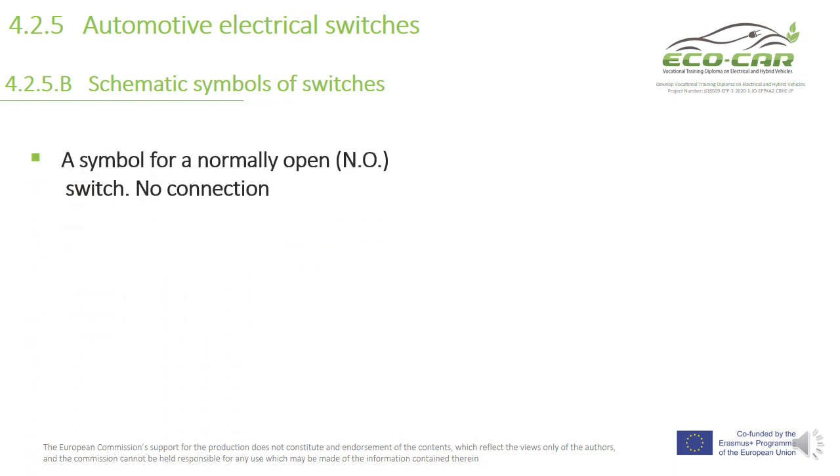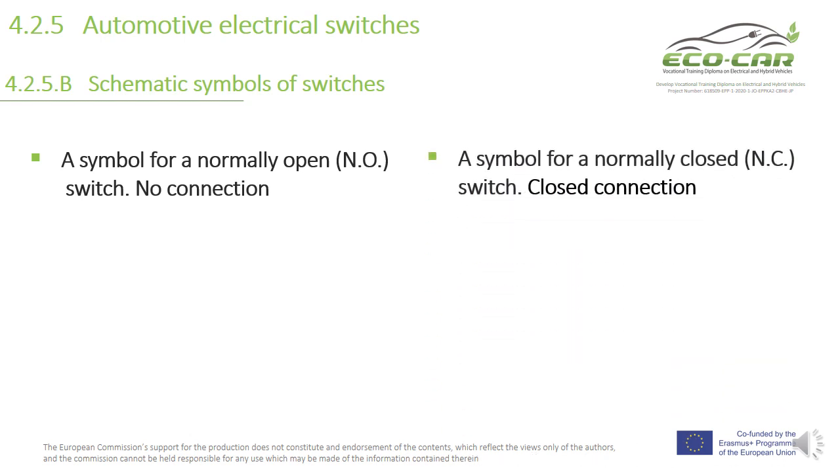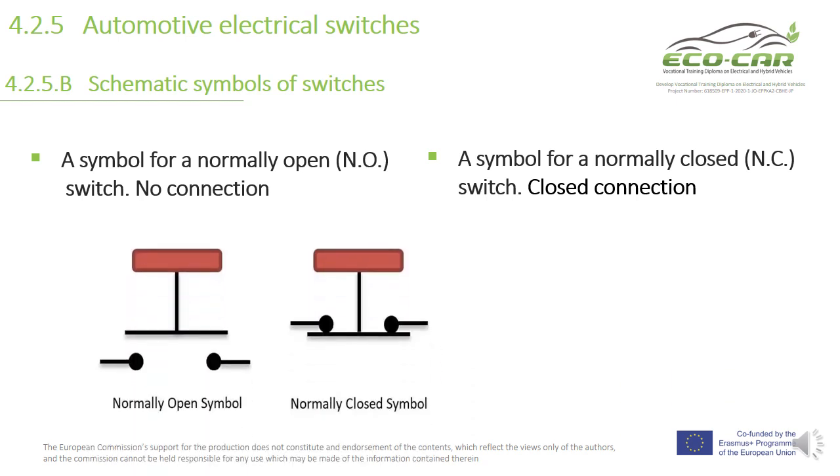Schematic symbols of the switches. A symbol for a normally open NO switch with no connection, normally open. The second symbol is for a normally closed NC switch, closed connection. As you will see here, it's a normally open switch in this picture, and this one is the normally closed symbol of a switch.